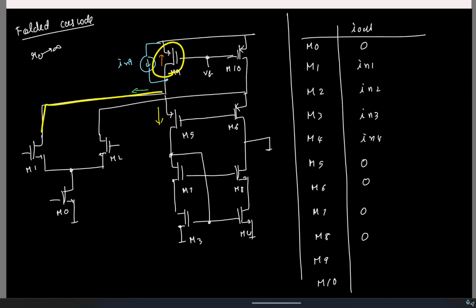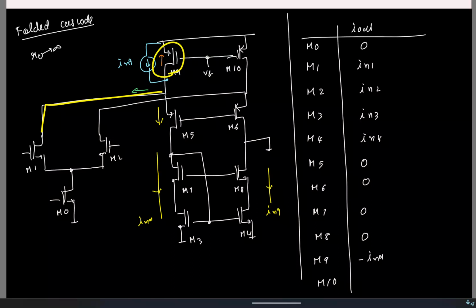Here also it's infinite. So all the current will basically flow down. So this will be my IN9. So this current is flowing into the diode connected device. That's a current mirror. So it basically gets mirrored here. So the output current will be the same, IN9, or actually minus IN9 if you want to be exact.